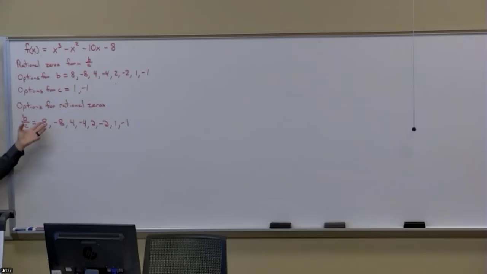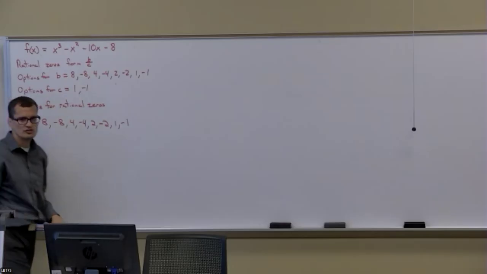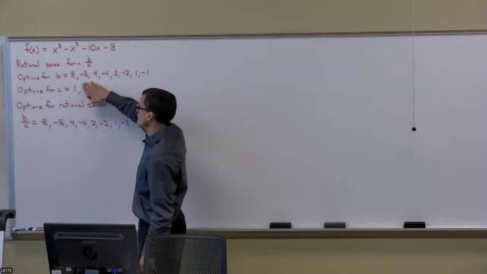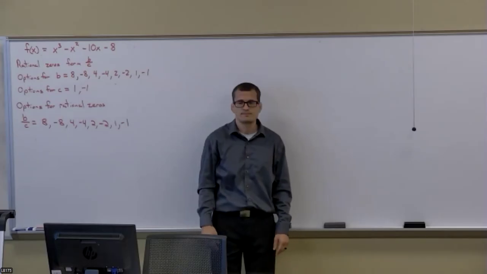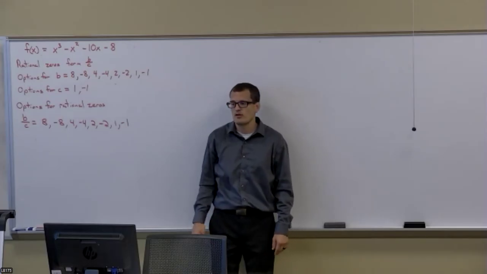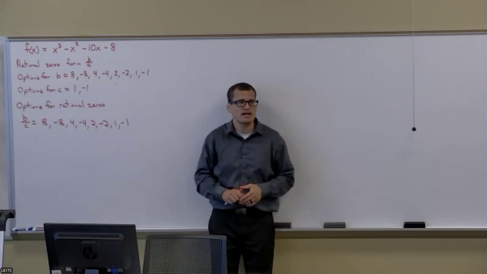So I only need negatives on one or the other. I could actually just use the +1 for the C because I've already listed out the negatives. So those are my only options for rational zeros for this problem.